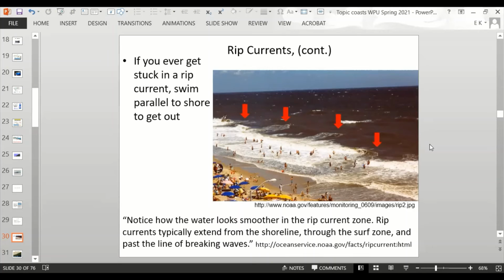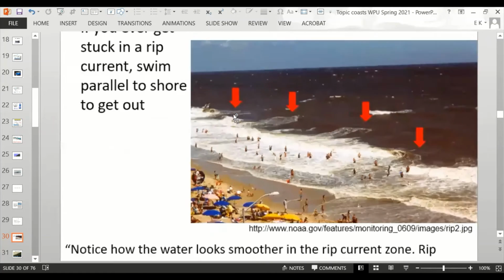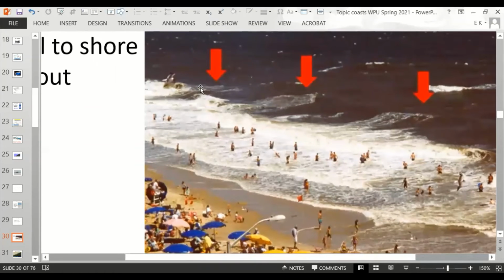That's what they mean. Okay, over here, you see this line is pretty smooth, right there. Okay, like you have this white line with waves, and then over here as well. But right here, you don't. And then you have this foamy area where it's white. That tells you that's a rip current, okay, where you have the water going back out to sea. Okay, so these are all rip currents.